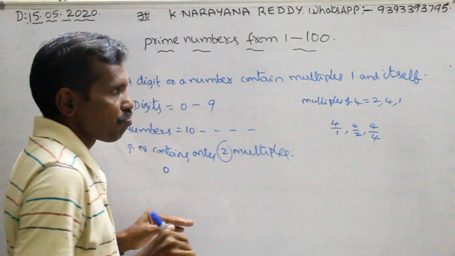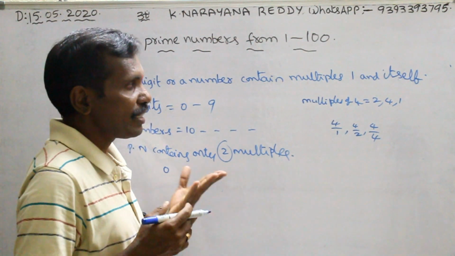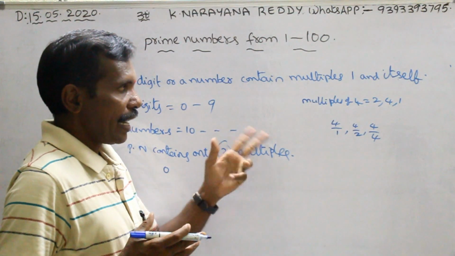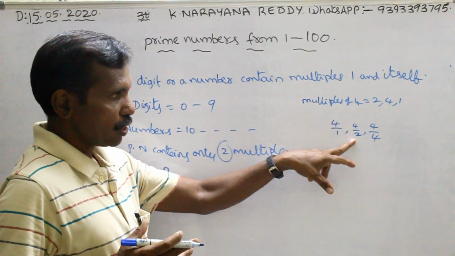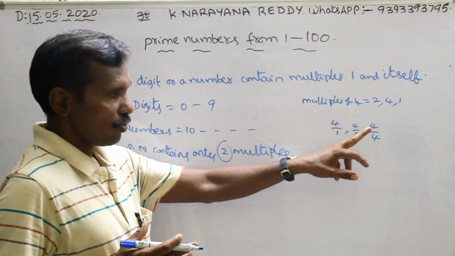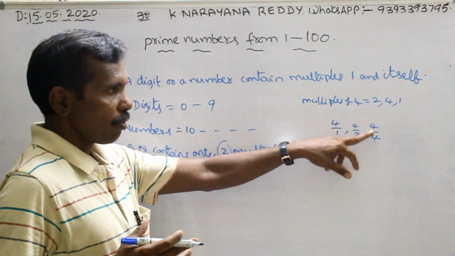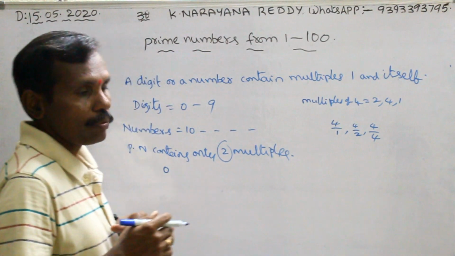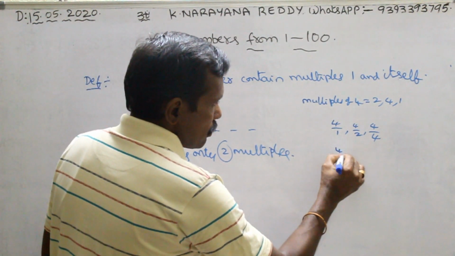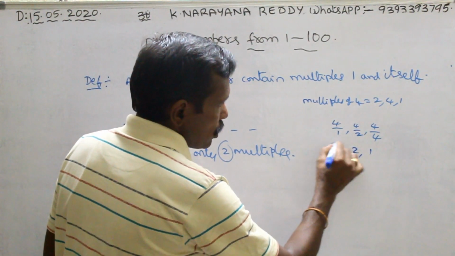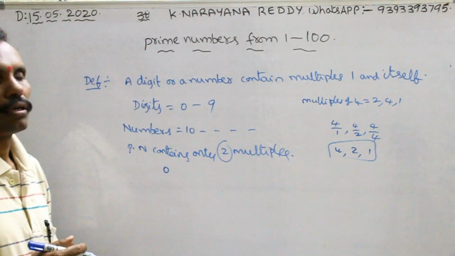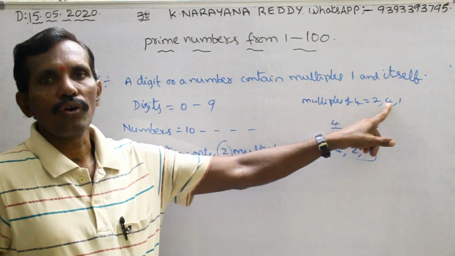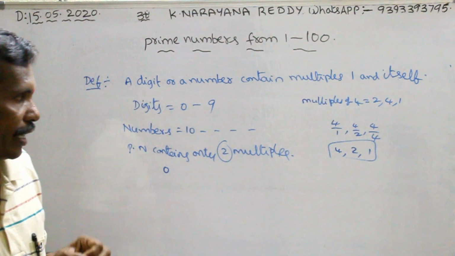That means we can divide the number. 4 by 1 gets 4, and if we divide 4 by 2 the quotient is 2, and 4 by 4 gives 1. So multiples means these division answers. These are multiples of 4. That is an important point you have to identify.